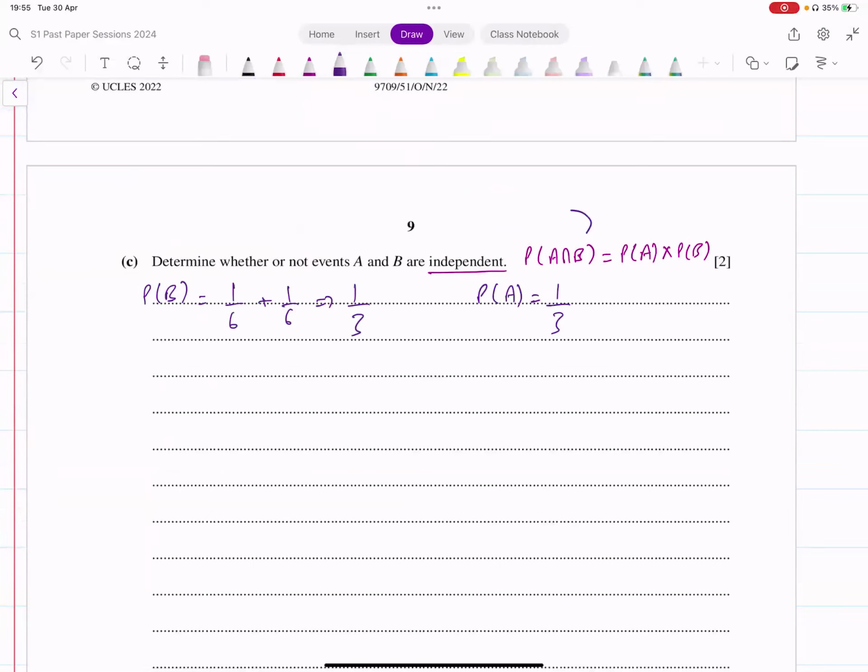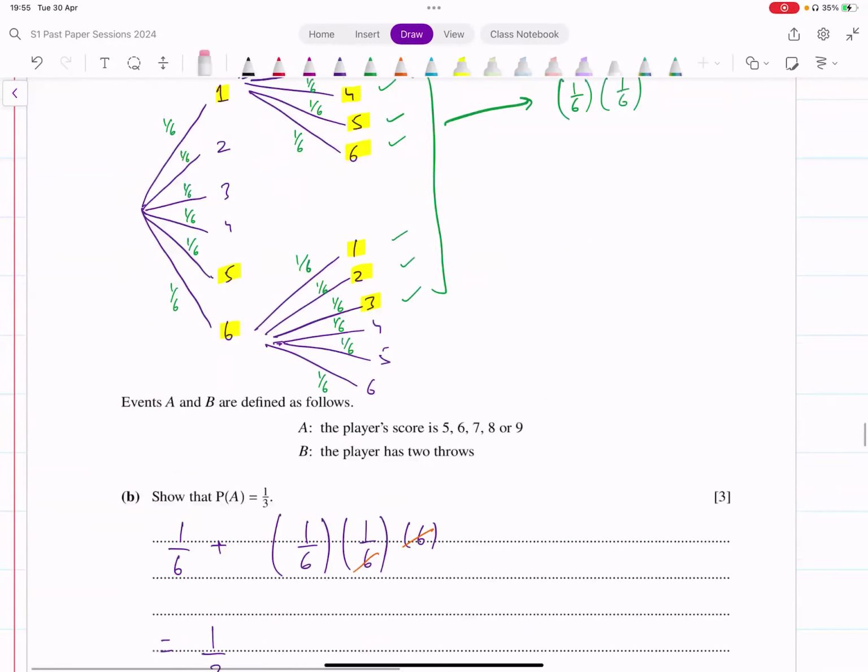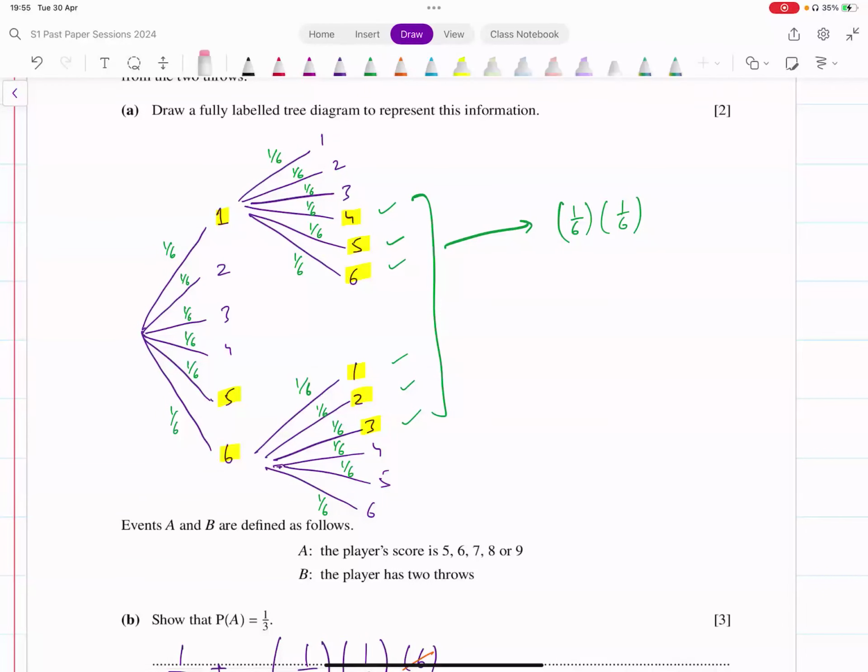Now we need to think about the intersection. Probability of A intersection B. What's that probability? That is basically when both of these things happen together. When A is true and B is true. Now what's A? A is that the player's score is 5, 6, 7, 8, or 9. And B is that he has 2 throws.